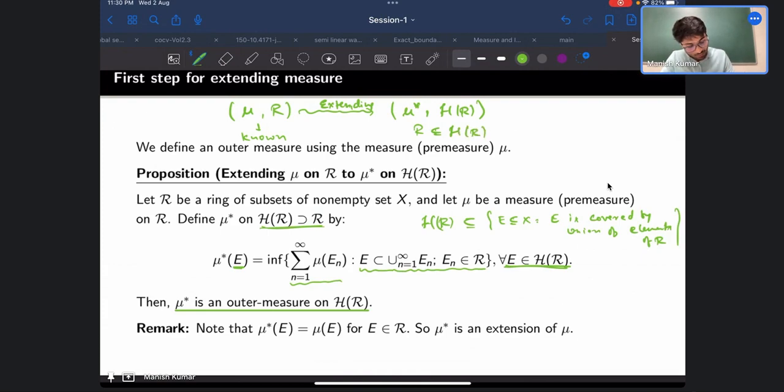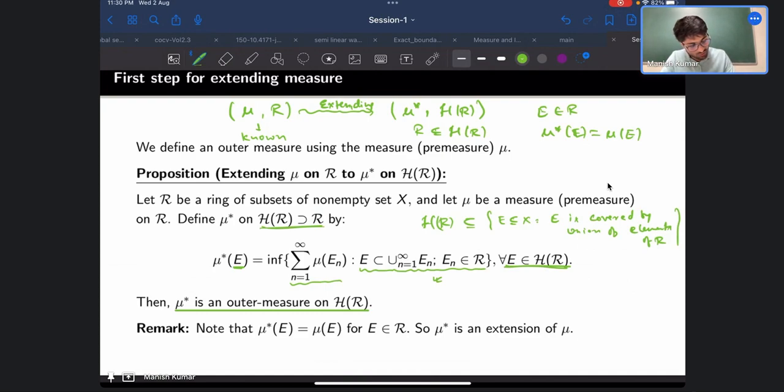That is one thing. But if you restrict to R, if you take any element E in R, mu star of E is nothing but mu of E, by the definition, because the only cover of E is E. I mean, the singleton E is one cover of E, and that will be the minimal possible value that any cover can take.